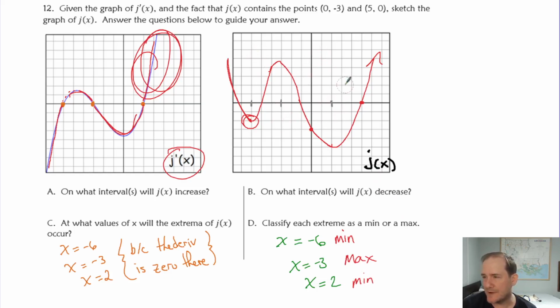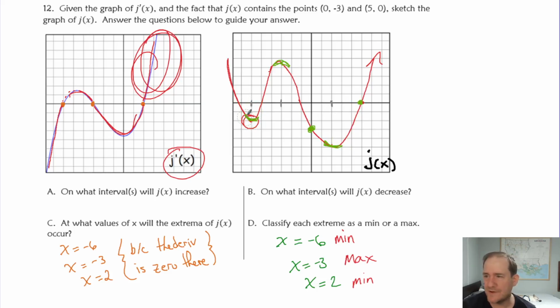And by the way, I have a graph now, and this graph's fine. We could use this graph. Notice I did happen to pass through the 2 points that I needed to pass through. And I do have a local max right where I'm supposed to have one. I have a local min right where I'm supposed to have one. I have a second local min right where I'm supposed to have one. Is this the exact right height? Like, should it be at -2?